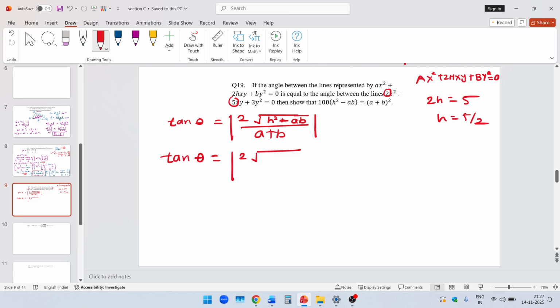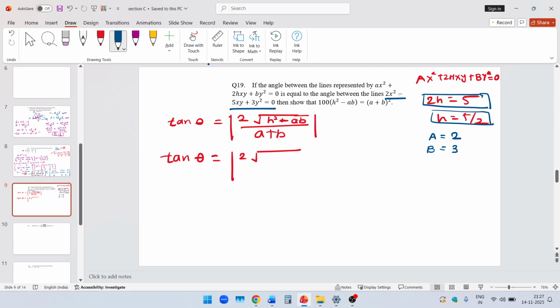So if you compare this equation with the one that we have got, 2x square minus 5xy plus 3y square is equal to 0, we get a is equal to 2, b is equal to 3, and 2h is equal to 5, which is what I have written over here. 2h is equal to 5, so h is equal to 5 by 2.